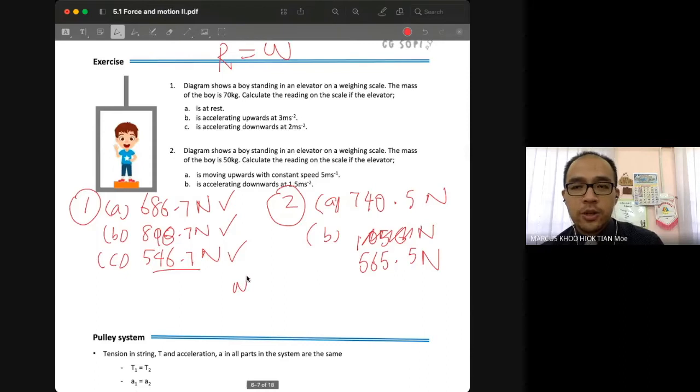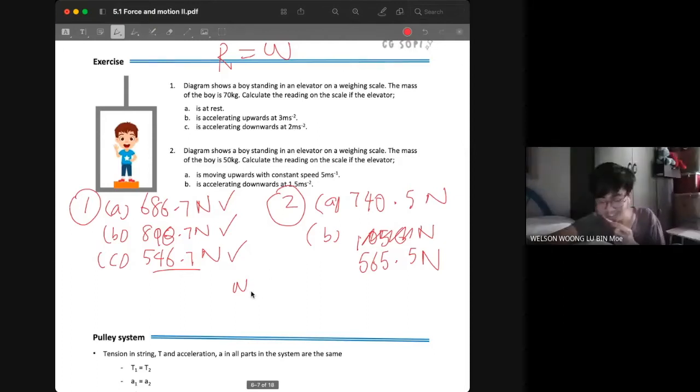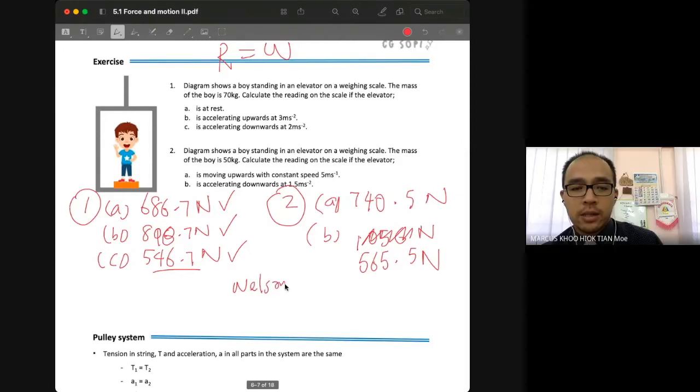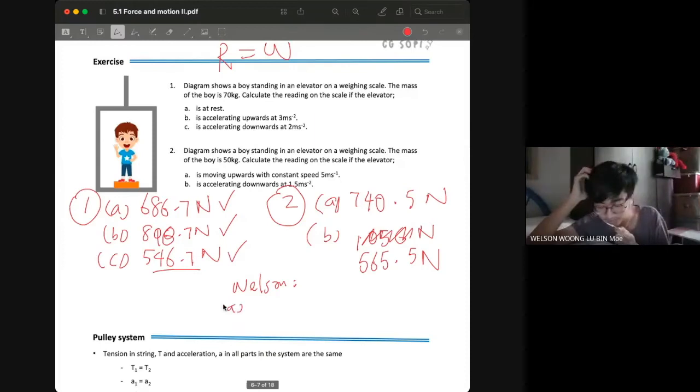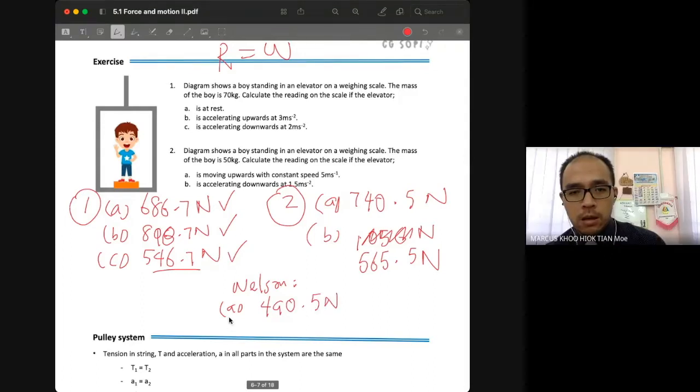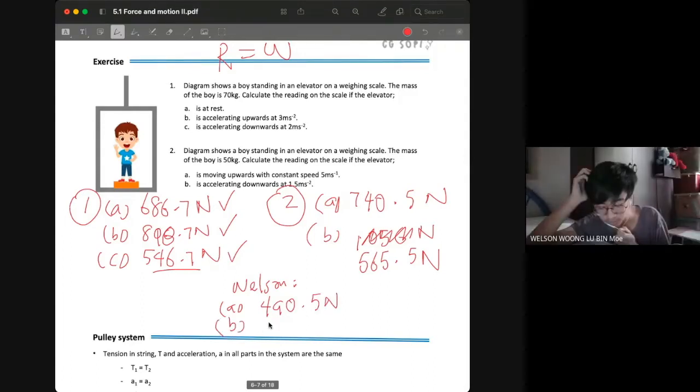So Wilson, do you agree? Is this the same? No way. Okay, what do you get, Wilson? For A, I got 490.5 Newton. And then for B it is 415.5 Newton.